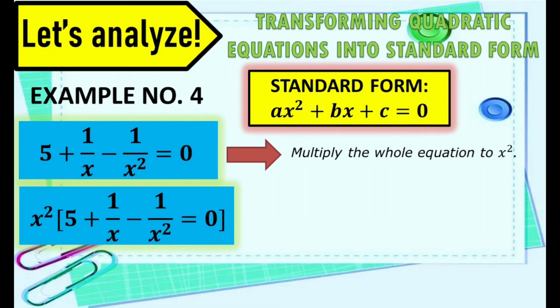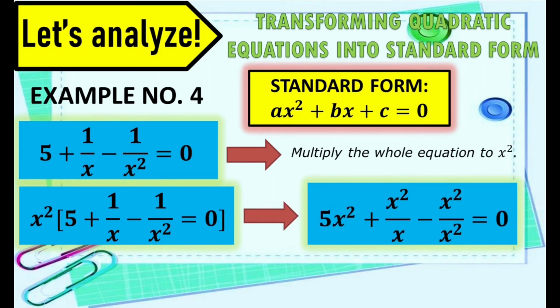So if we're going to multiply it, we're going to have here x squared times 5 is 5x squared. X squared times 1 over x would be x squared over x. X squared times 1 over x squared would be x squared over x squared is equal to 0.